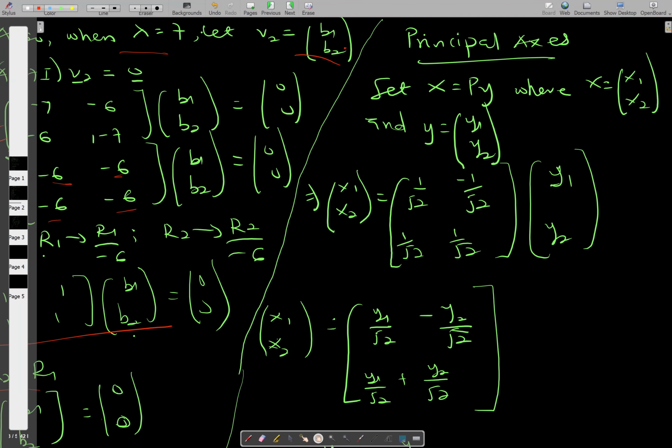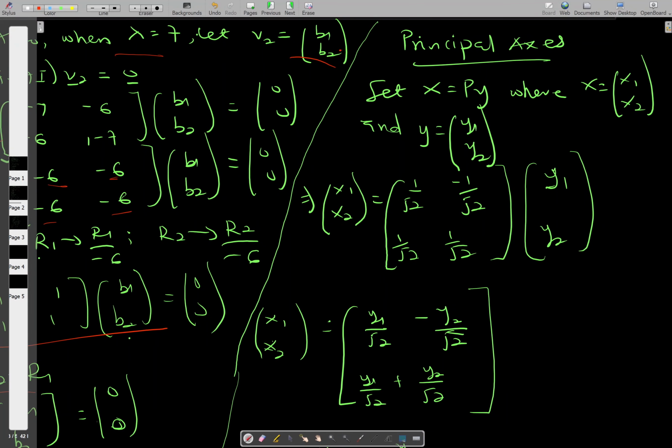So now transforming it into the principal axis, we set x equals to Py. We know P to be the modal matrix, so we let x be x1 x2 and y be y1 y2. Okay, we're using x that's 2 dimension because the matrix A, or the modal matrix P, is also a 2 by 2 matrix.